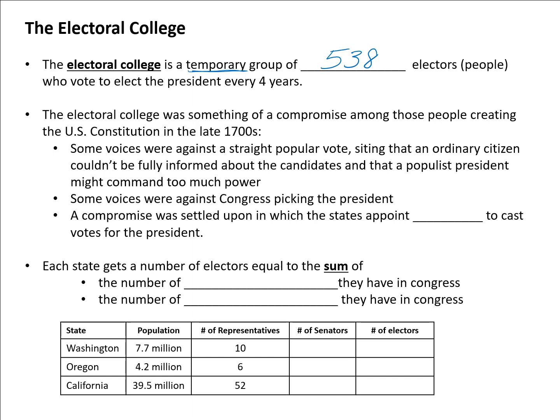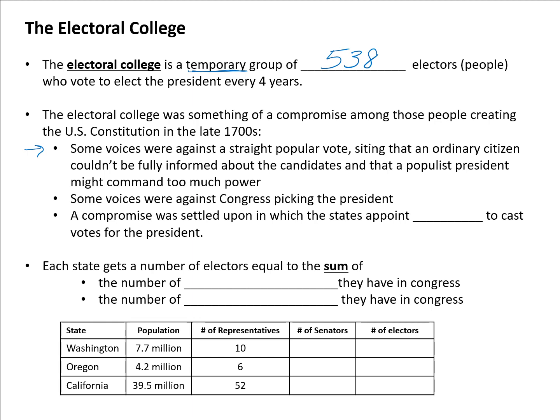And there were some differences of opinion in how a lot of things were written and created. In particular, with how the president was elected, some voices were against a straight popular vote. They cited that the ordinary citizen couldn't be fully informed about the candidates and that a populist president might command too much power.